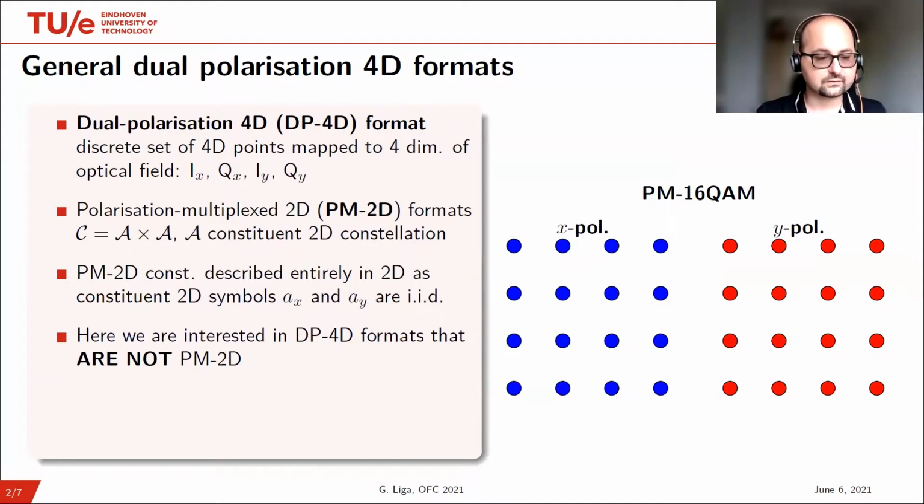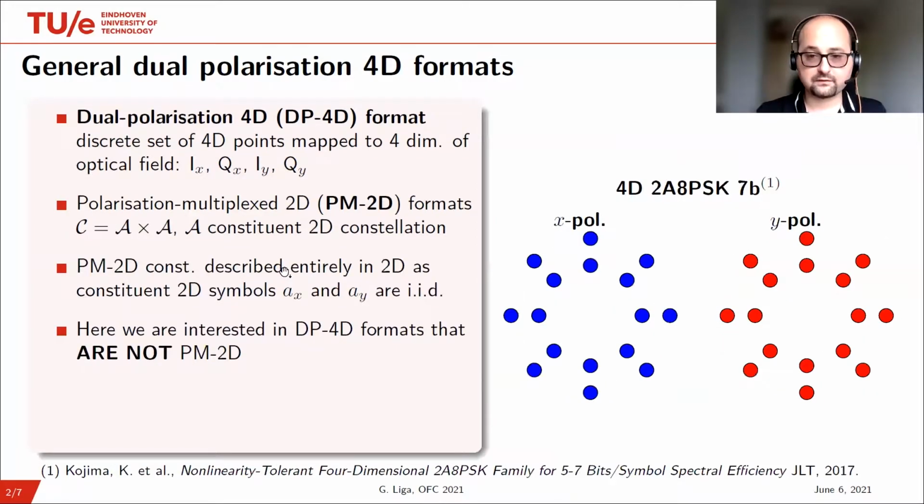Here we are actually interested in dual polarization formats that are not polarization multiplex 2D formats. An example of such formats is the so-called 4D 2-amplitude 8PSK modulation, which is given by these 2 projections in X and Y. For this constellation, we actually introduce dependence between the 2 components on X and Y. Particularly, we can see that whenever we select the inner ring on the X polarization, we are only allowed to select points on the outer ring on the Y polarization, and the other way around.